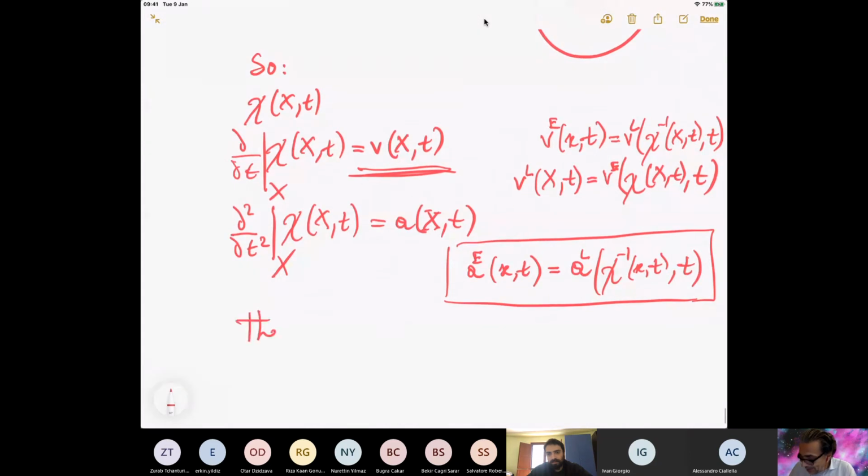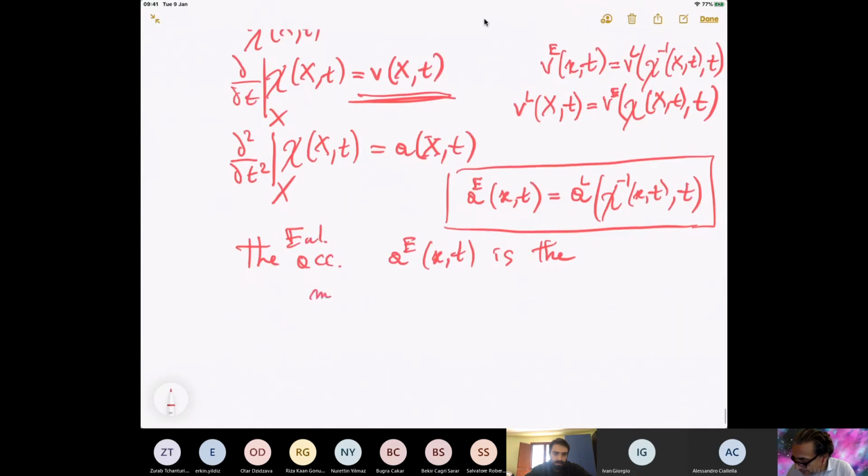The Eulerian acceleration is the material derivative of v Eulerian of x and t.